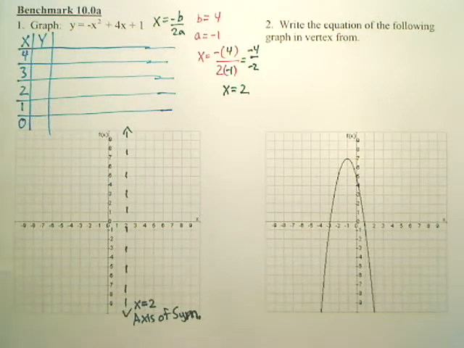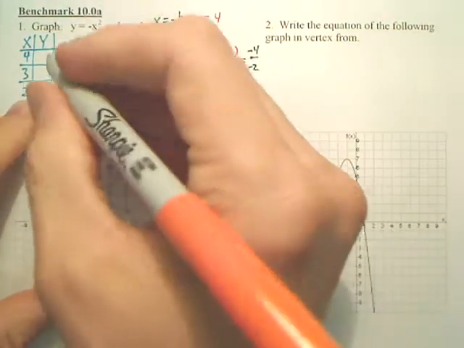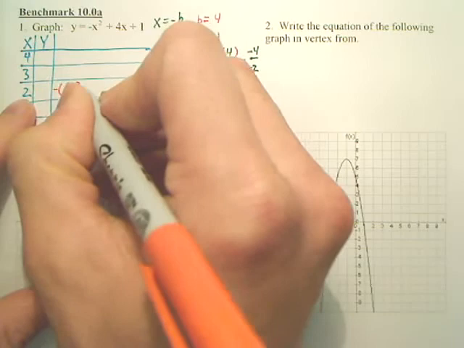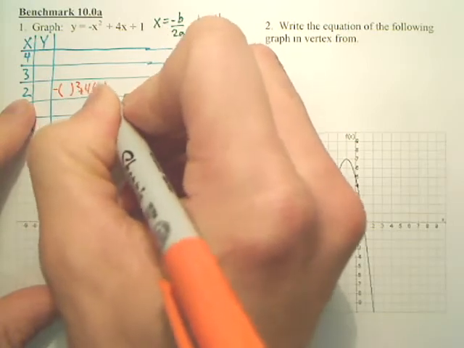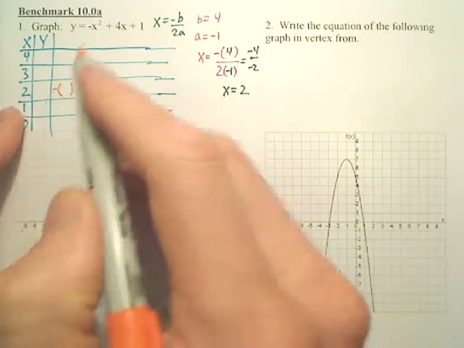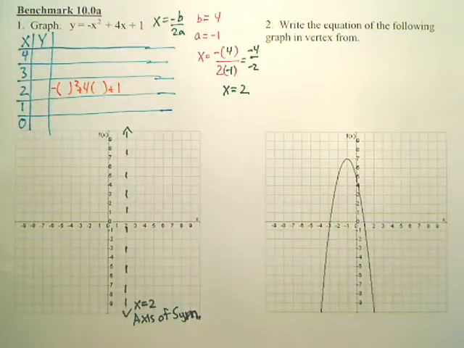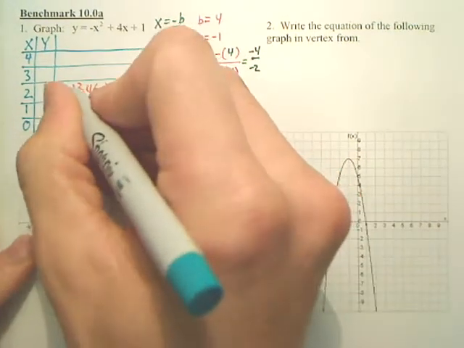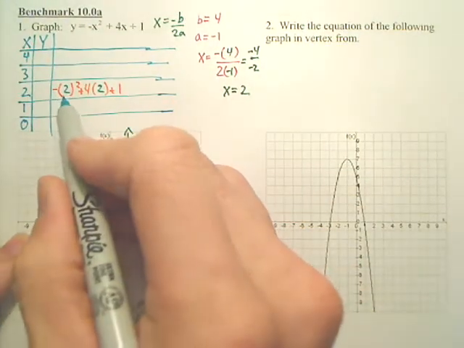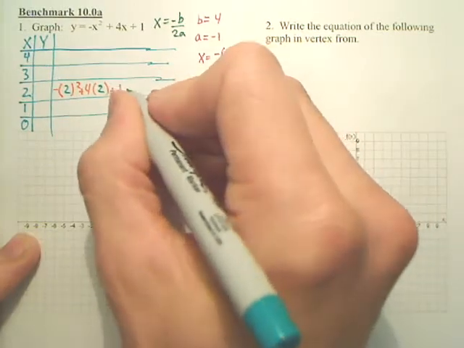So the first value we're actually going to plug in is number 2. We're going to plug 2 into the given equation. I took out the x's, I'm going to plug in 2. Now a lot of people mess up here, but that is 2 squared, then make it negative.